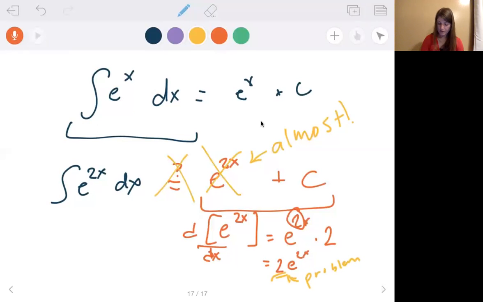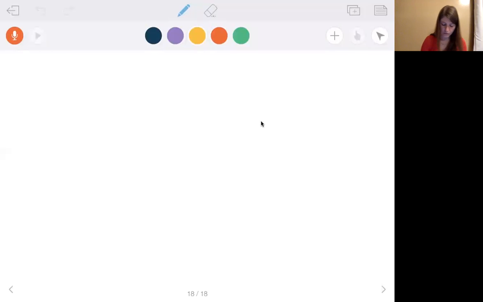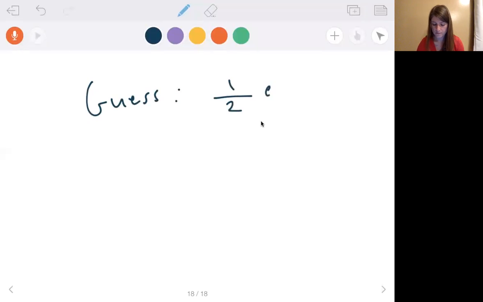So if we started with that and we get an extra 2, the way we can handle it is to divide that 2 at the beginning, and then it's going to cancel out. So when you see an extra 2 that doesn't match up, I'm going to modify my guess. And if I had an extra constant, I just divide by whatever that constant is.